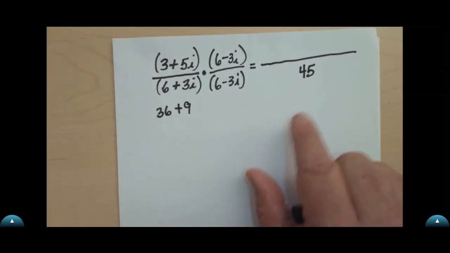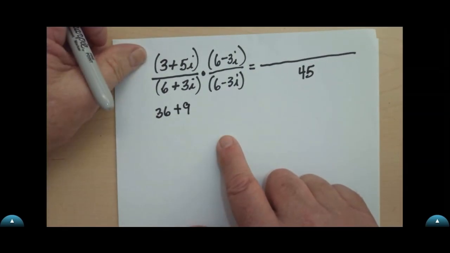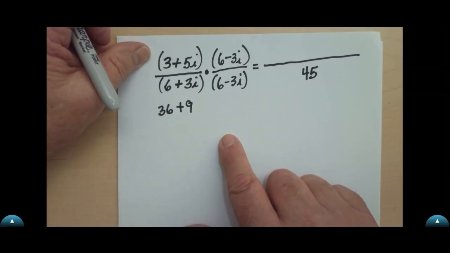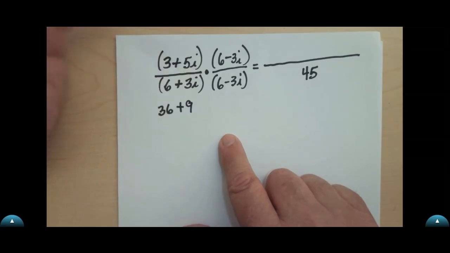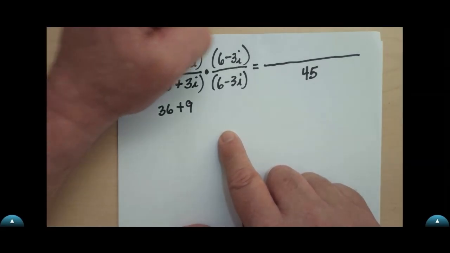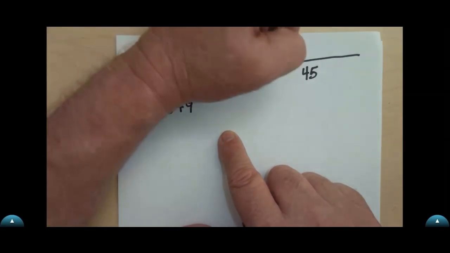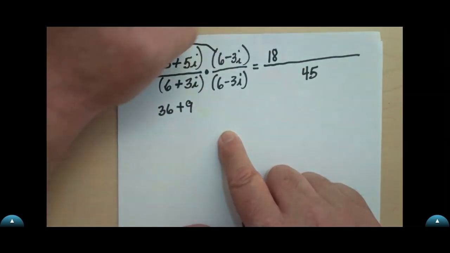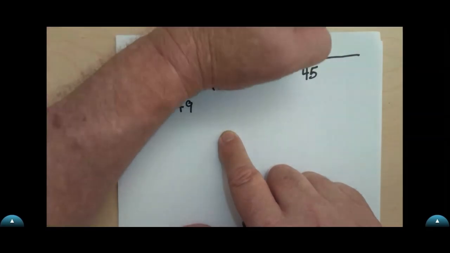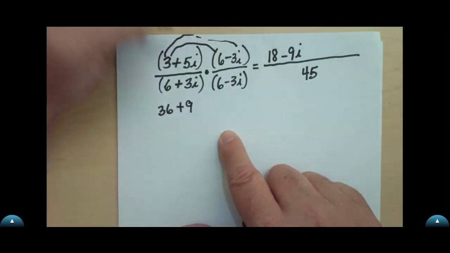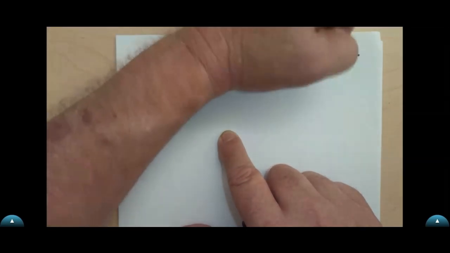On top, unfortunately, we don't get to use a shortcut because these are not complex conjugates, right? Here we have to actually do the multiplication. It's just foiling or distributing, however you think of it. So we're going to say that 3 times 6 is 18. 3 times negative 3i is negative 9i. 5i times 6 is positive 30i.